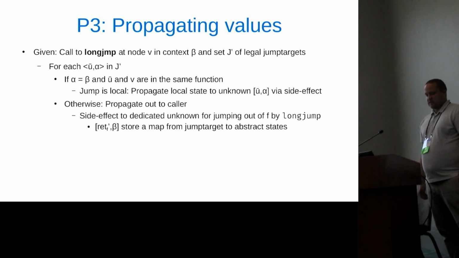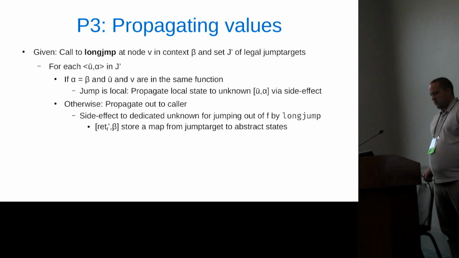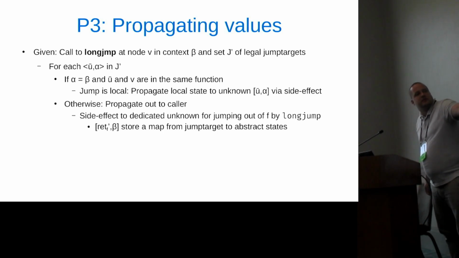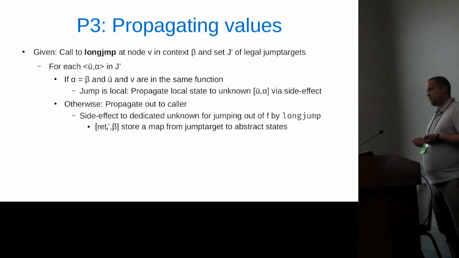So what does this look like? Instead of just doing the side effect immediately, I propagate this value out to the caller. I do this by making a side effect to a dedicated unknown for jumping out of this function by longjmp. By convention, we usually call these things red f, if it is the return value for function f.